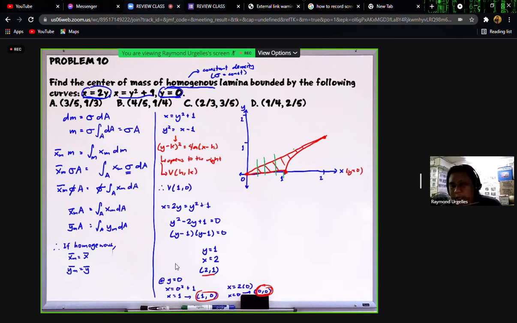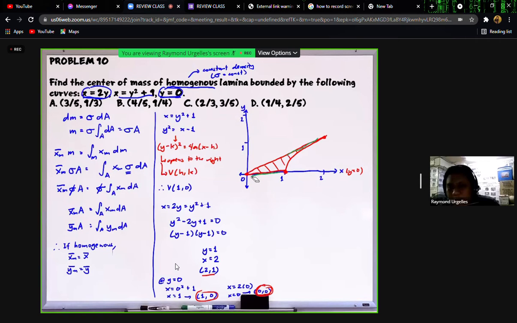Sa vertical strip, makikita natin na magkakaroon tayo ng dalawang interval dito. Sa kaliwa, ang boundary natin is the line and the x-axis. Pero sa kanan, ang boundary natin is yung line saka yung parabola. So meron tayong dalawang different boundaries, kaya hatiin pa natin sa dalawang interval.